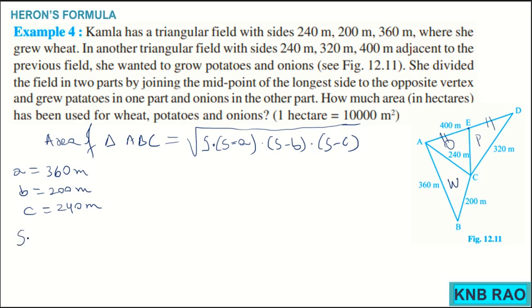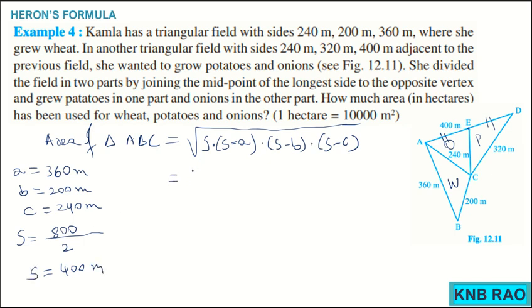Now, with the help of ABC, I will find the semi-perimeter. Sum of 360, 200 and 240 becomes 800. So 800 by 2 is 400, the semi-perimeter.